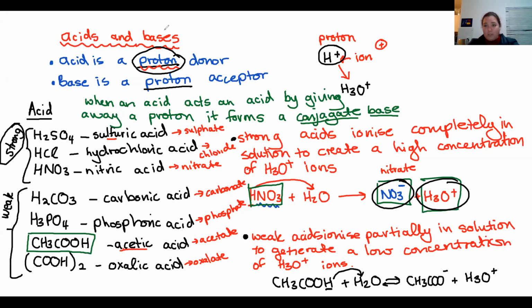It wants to lose it, it doesn't want to accept it again. Whereas if you've got a weak acid, it would rather willingly lose a proton and then have the proton come back. If you remember what I said, Beth, about the conjugate base: an acid gives away its proton to form a conjugate base. That conjugate base can just as easily reaccept a proton.